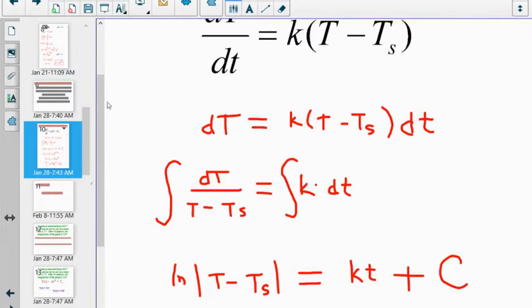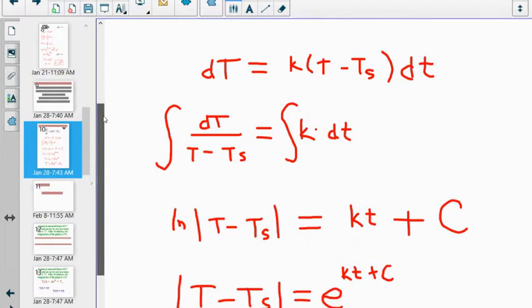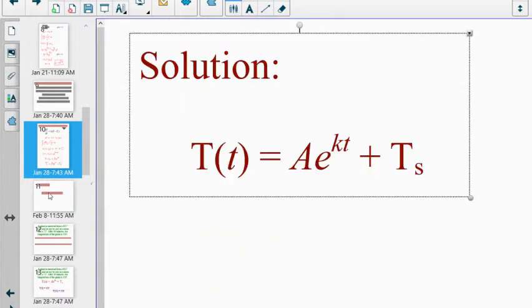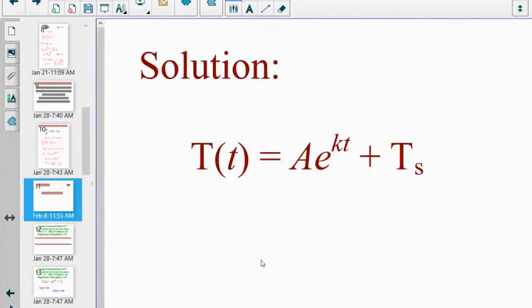K could have gone anywhere, but I chose to bring it to the right side. Integrate both sides, and then do some algebra to solve. You can check out the video from Thursday's lesson if you want to see that in more detail. Basically, we come up with this solution to the differential equation: the temperature as a function of time is some constant times e to some other constant times the time, plus the temperature of the surroundings.